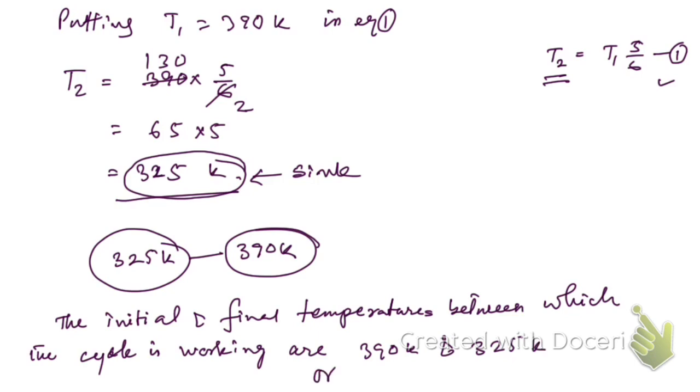Or if you subtract 273, then you can convert it into centigrade as well, 170 degrees Celsius.